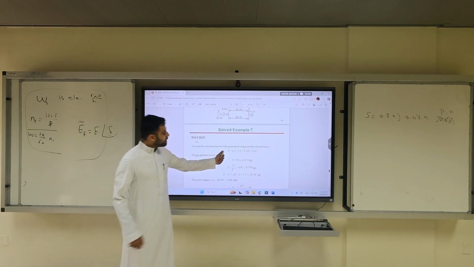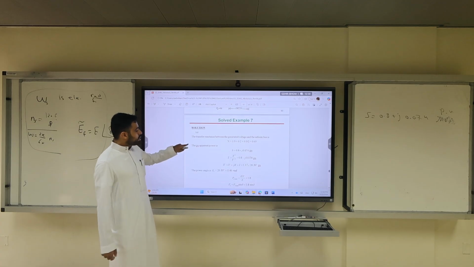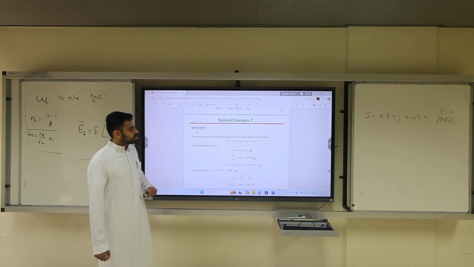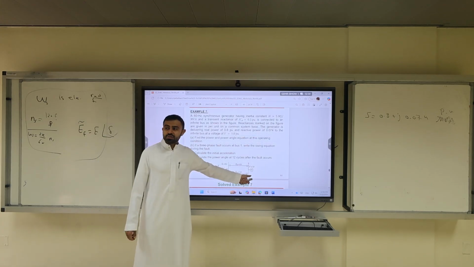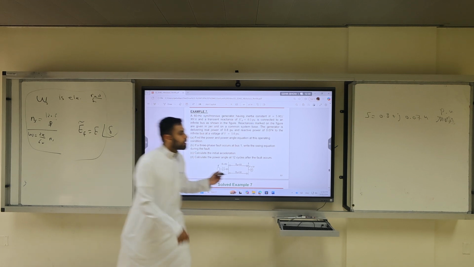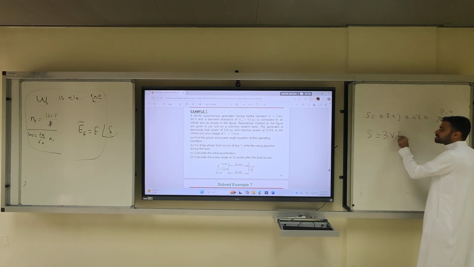So that's why we have X to be 0.65. Now, the apparent power is 0.8 plus j0.07. If I know the voltage and the power, I can calculate IA. So what is the equation? S equals 3 V I conjugate.